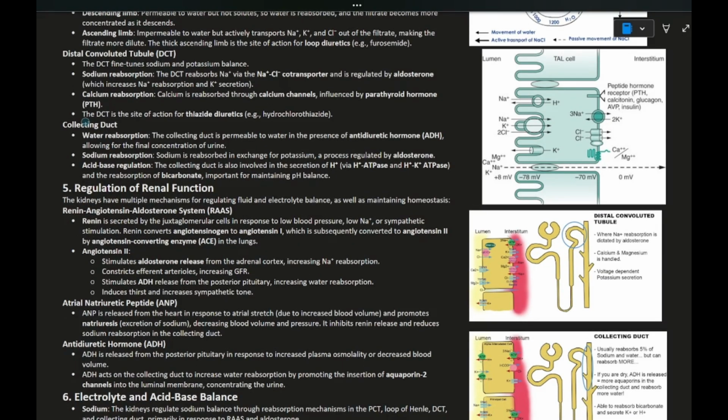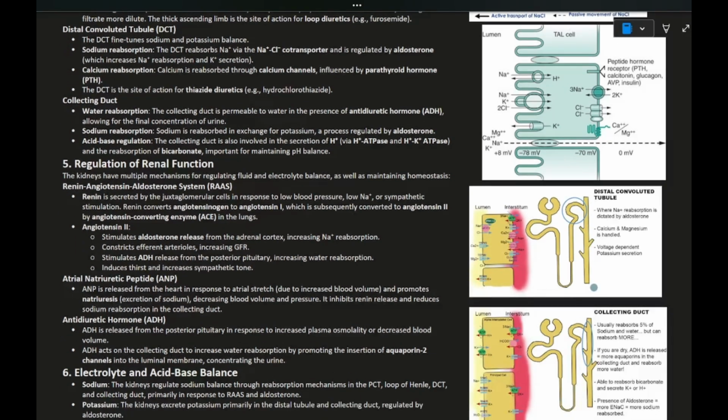Alright, so the collecting duct will follow the distal convoluted tubule, and remember that the collecting duct is over here. Once again, water is reabsorbed, as the collecting duct is permeable to water in the presence of antidiuretic hormone. This allows for the final concentration of urine.